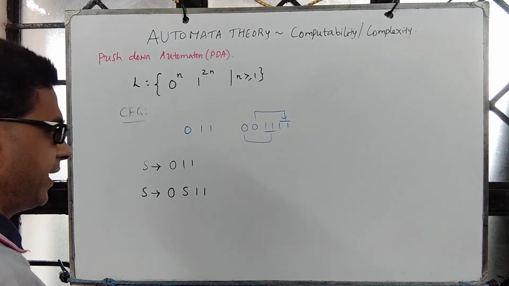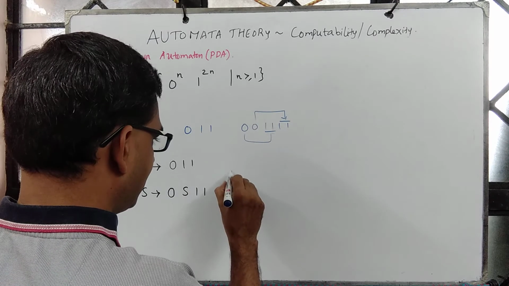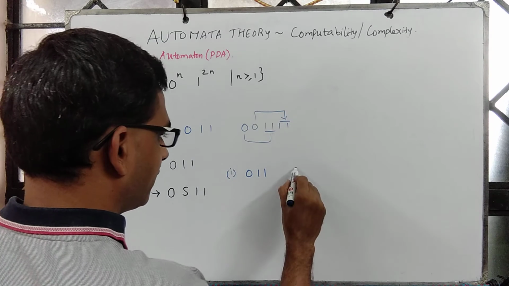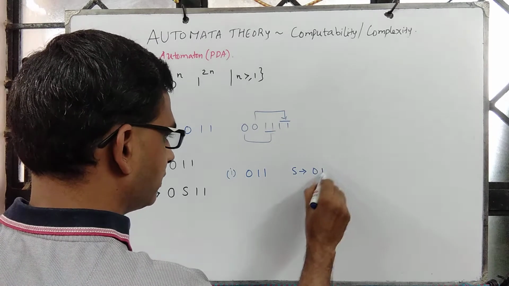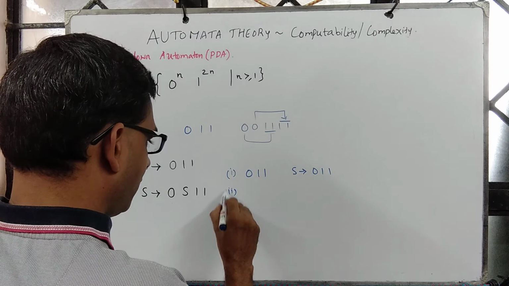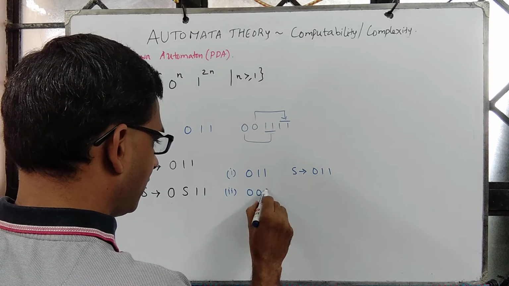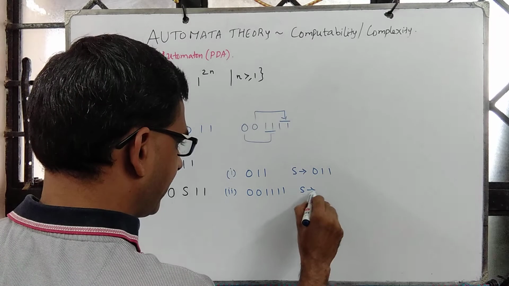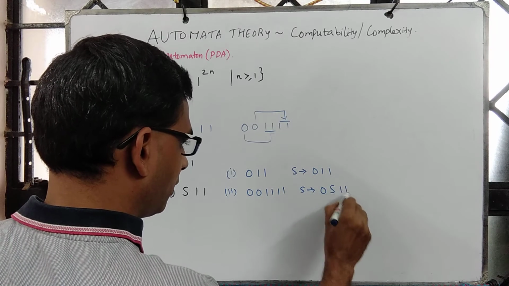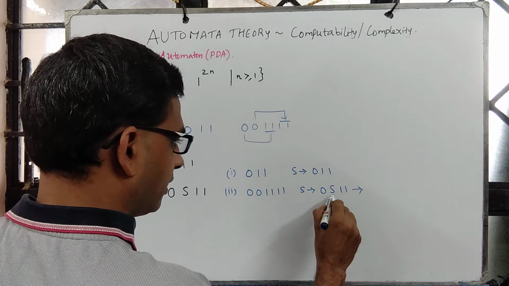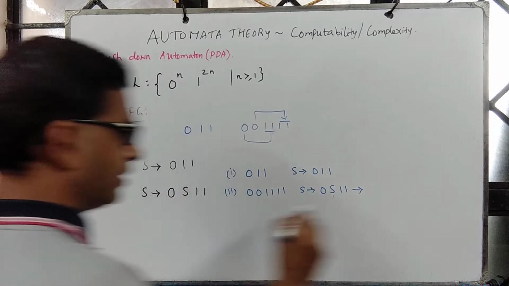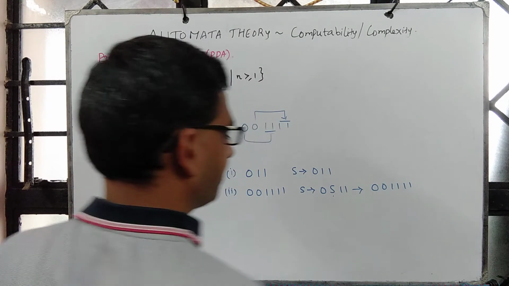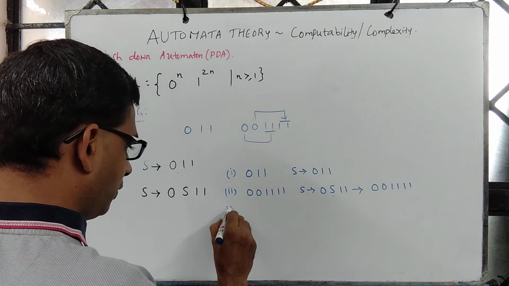Now you want to generate input like this, for example 0 1 1, then simply use S implies 0 1 1. You want to generate this, then first take S implies 0 S 1 1, then replace this with this, so it becomes 0 0 1 1 1 1.